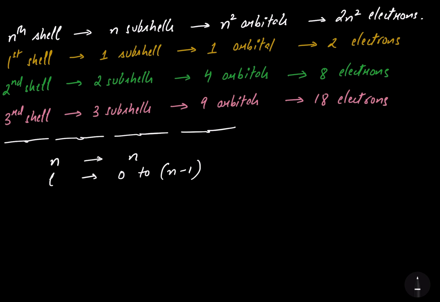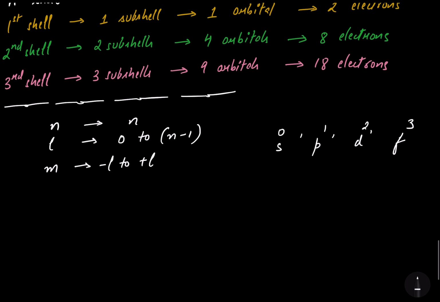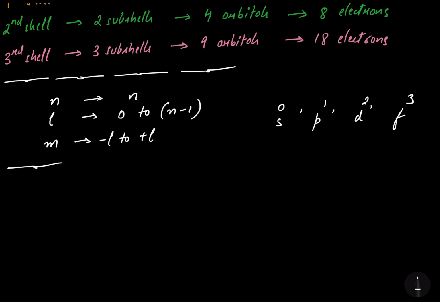We know that for the values 0, 1, 2 and 3 of l, 0 stands for s subshell, 1 stands for p, 2 stands for d and 3 stands for f. Now for the magnetic quantum number, for each value of l, it will be minus l to plus l. Now let's talk in detail about the first shell.